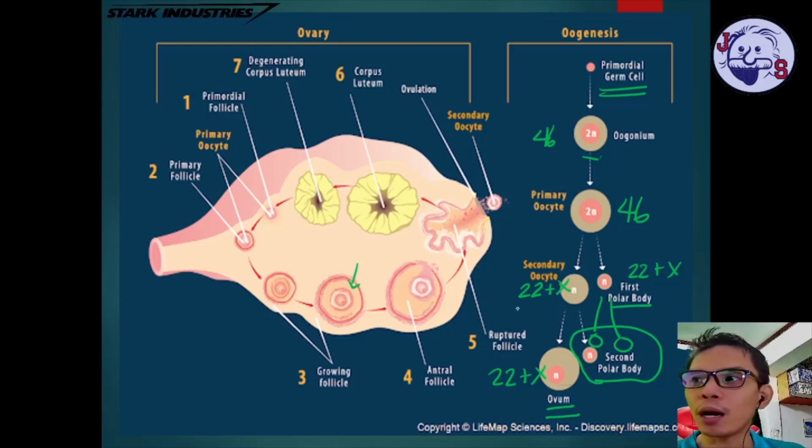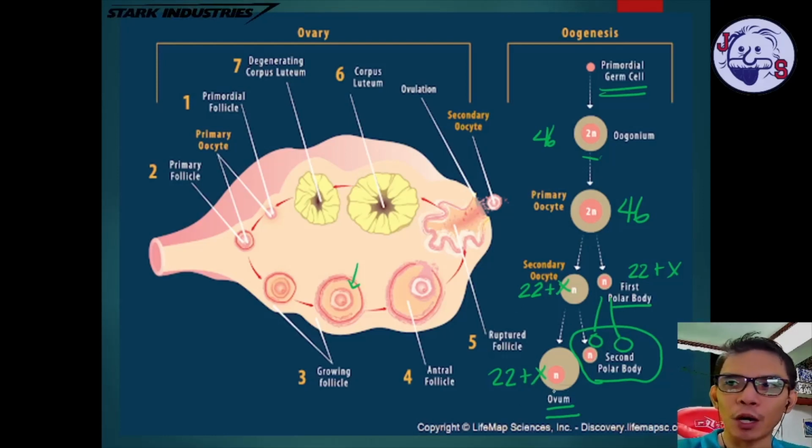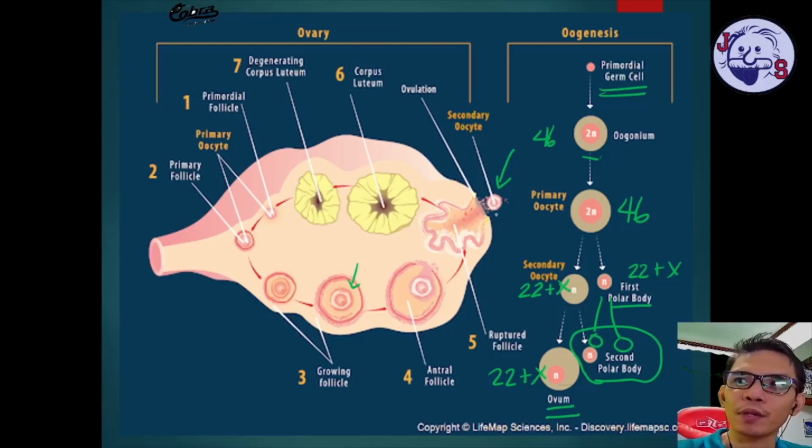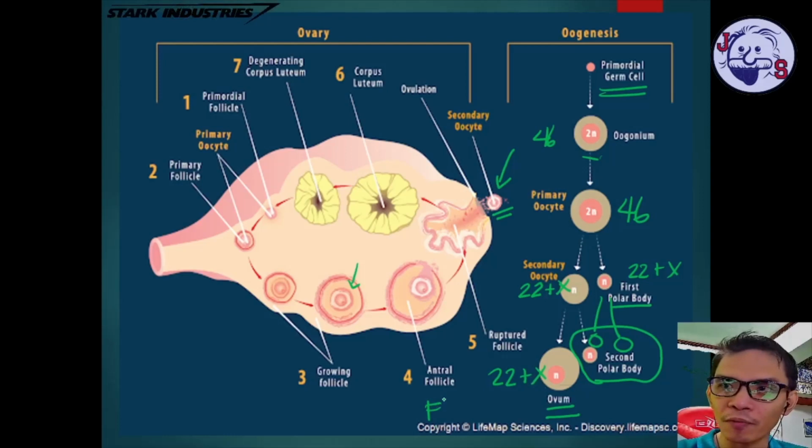Now, where does the development of the ovum happen? As you can see, during ovulation, the ovary will release the secondary oocyte. So it means that the development of the ovum happens in the fallopian tube.